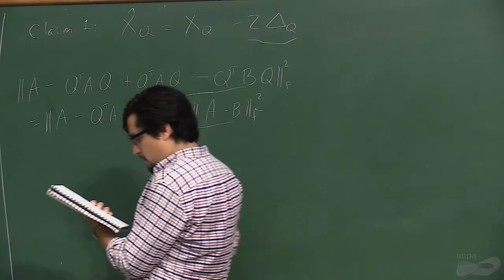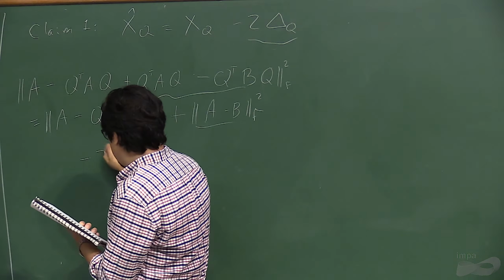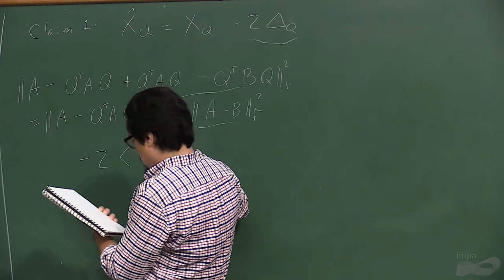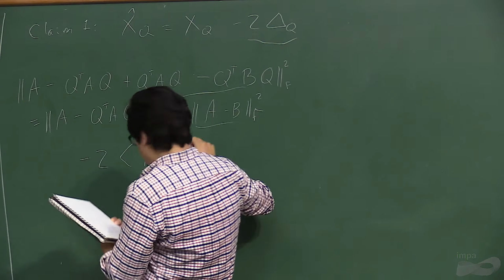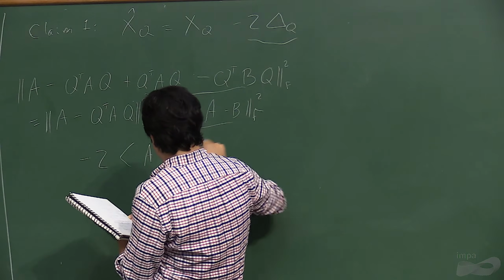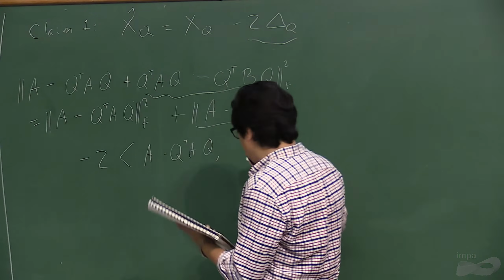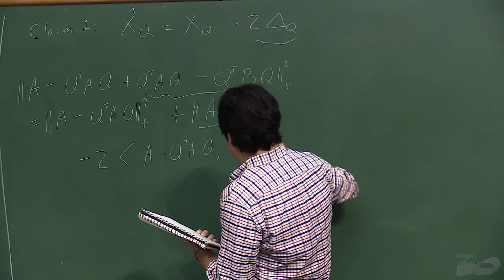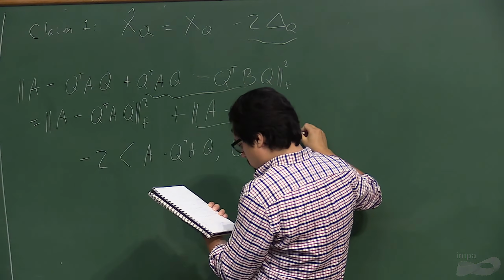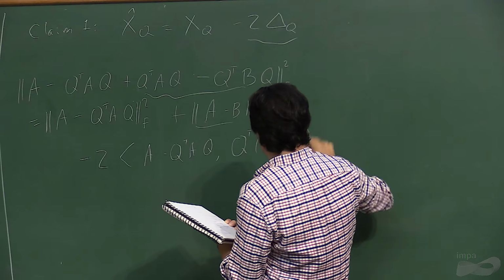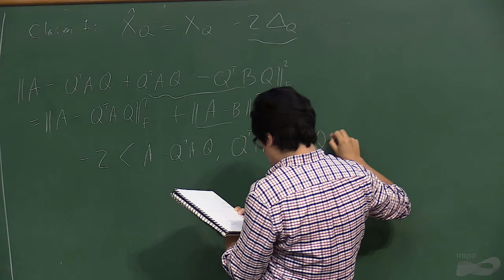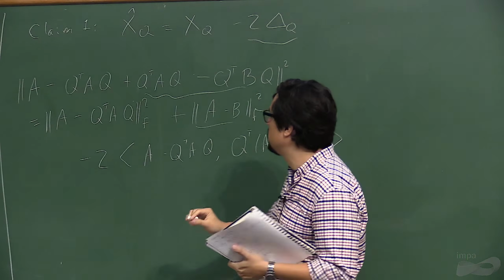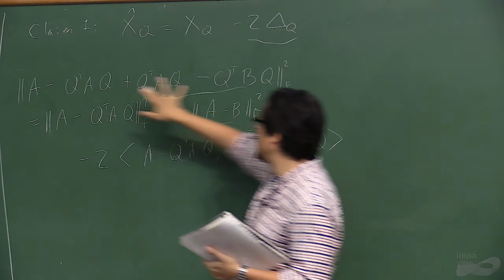And we have the term that contains A minus Q transpose AQ and Q transpose A minus B times Q. Right? So this is the cross term between this part and this part.